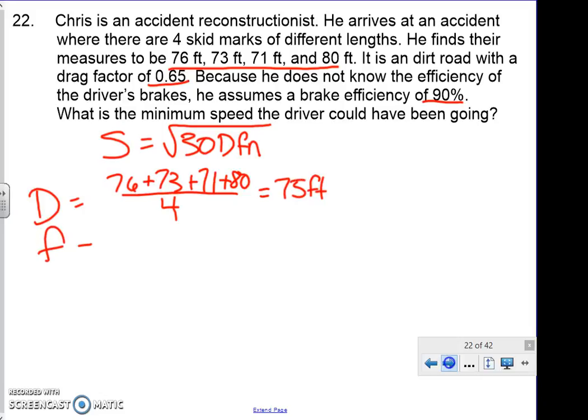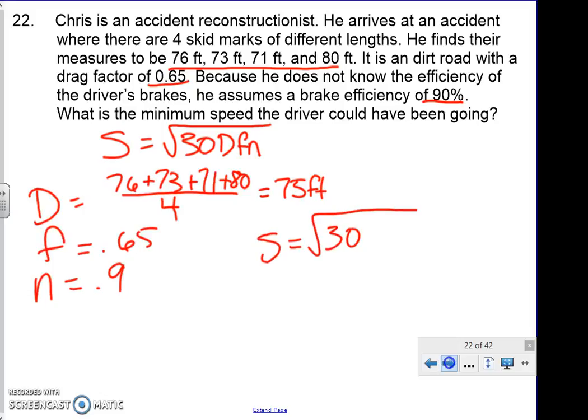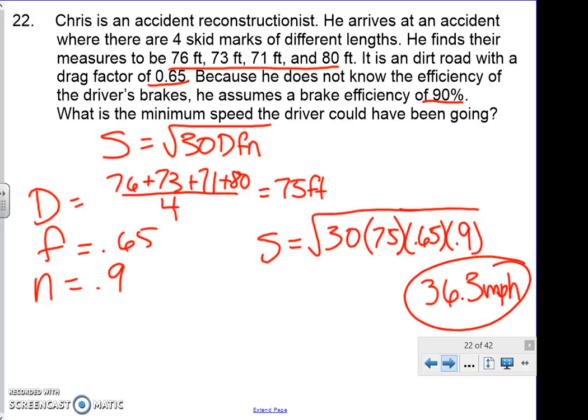We've got our drag factor of 0.65 and our brake efficiency of 0.9. So plugging that into the formula, speed equals the square root of 30 times 75 times 0.65 times 0.9. And when we plug all of that in, we end up at a speed of 36.3 miles per hour.